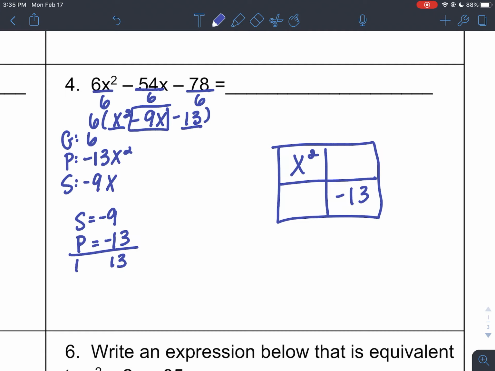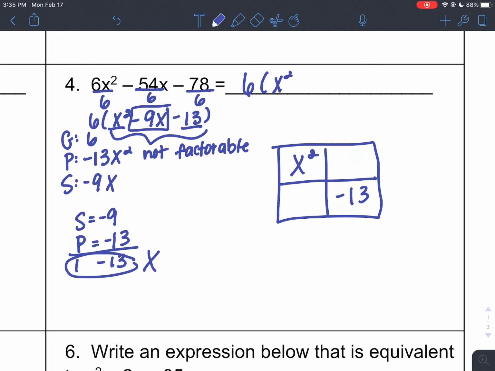My bigger column matches the sign of my sum, so this should be negative 13. Does this add up to negative 9, 1, and negative 13? No, they don't. So that means that this part ends up being not factorable. So here, my solution just ends up being 6 times x squared minus 9x minus 13.